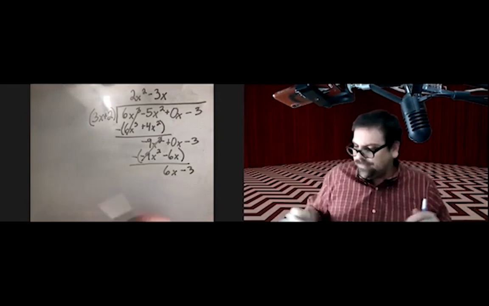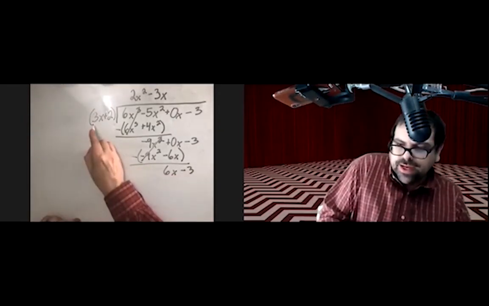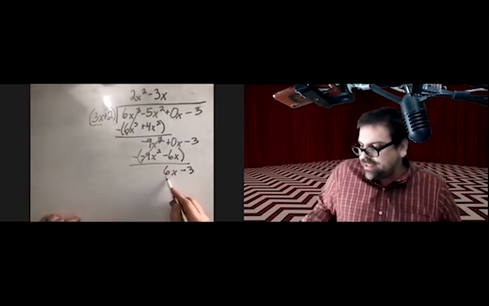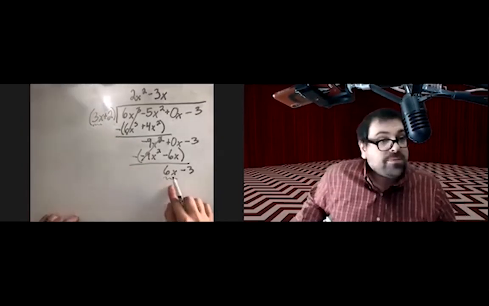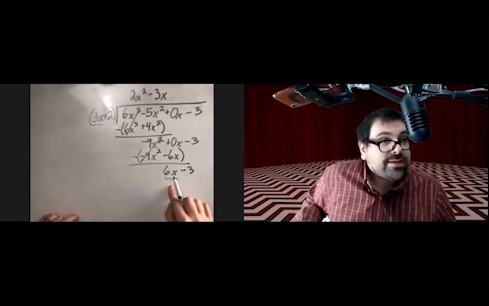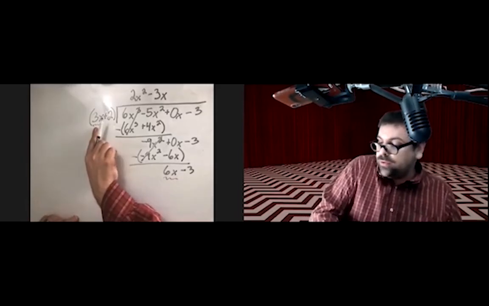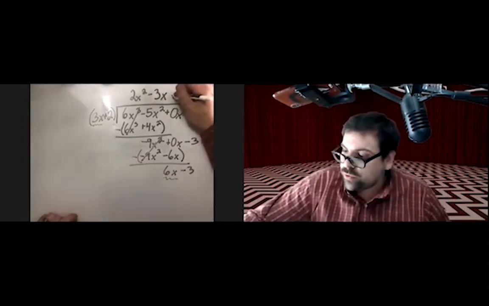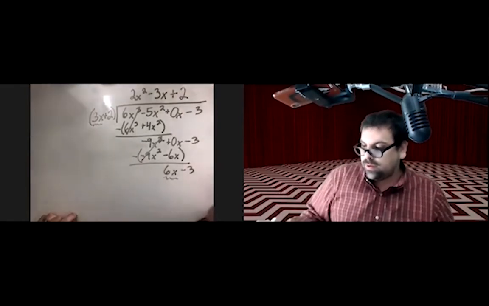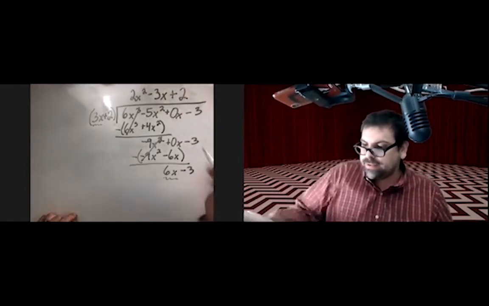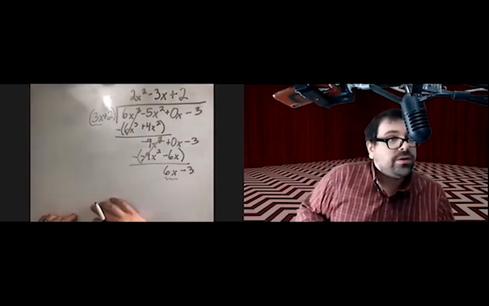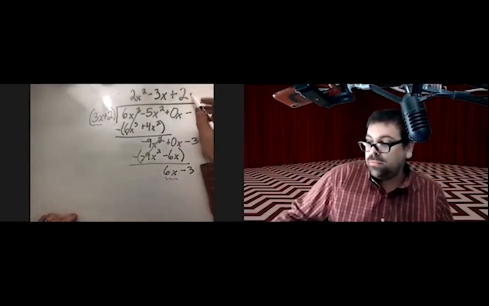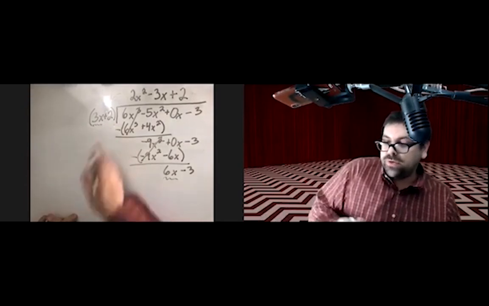Magic. Okay. So looking at just the 3x, looking at the 6x, 3x times what is 6x? 3x times positive 2 is 6x, multiplying around the corner. Positive 2 times the whole 3x plus 2.